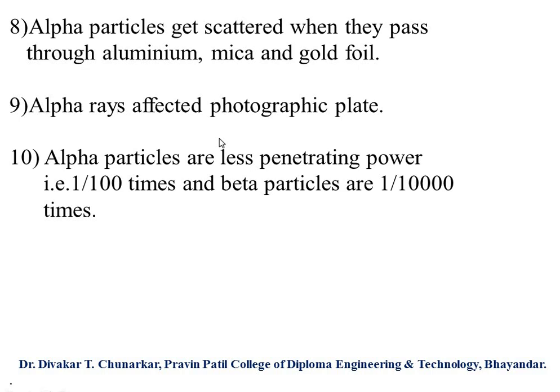The speed range of alpha rays is 1 upon 100 to 1 upon 10 of the speed of light. These are the properties of alpha particles. Out of these 10 properties, one must be asked in your examination.